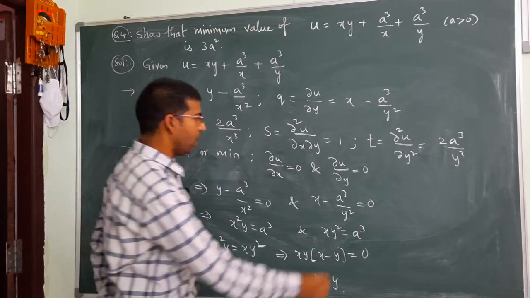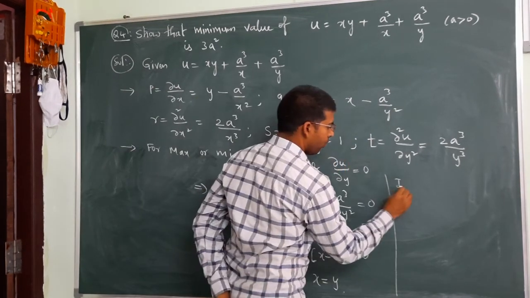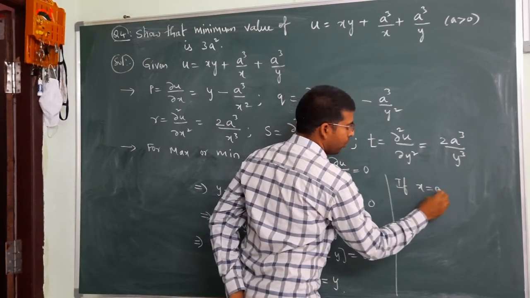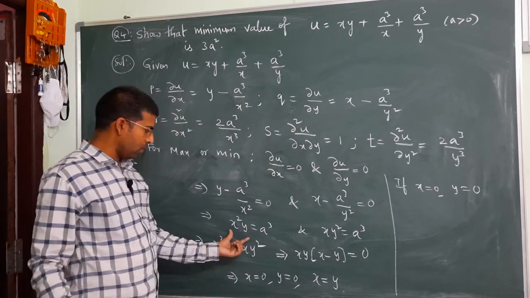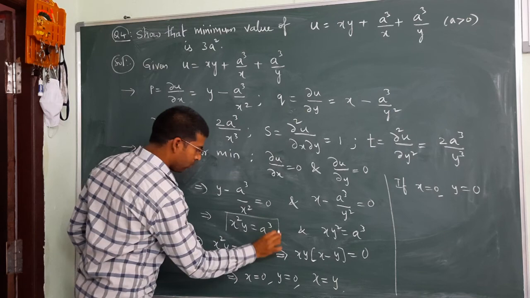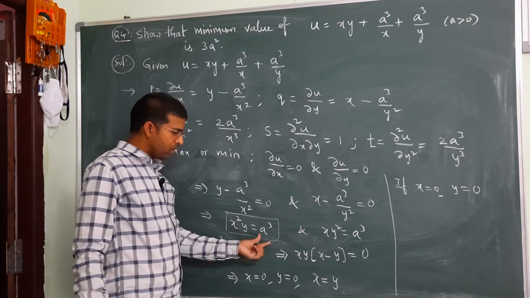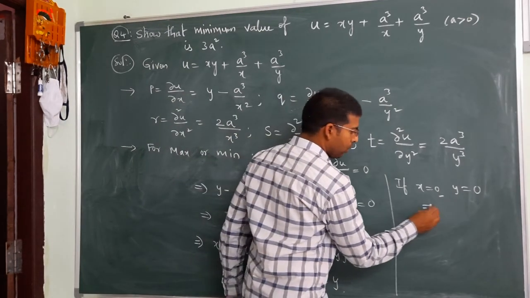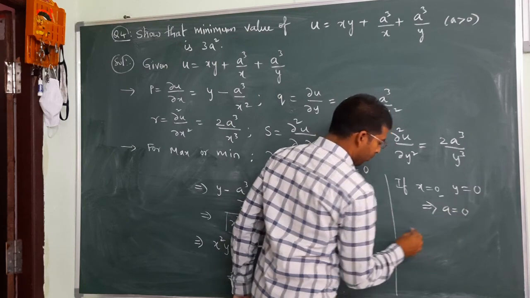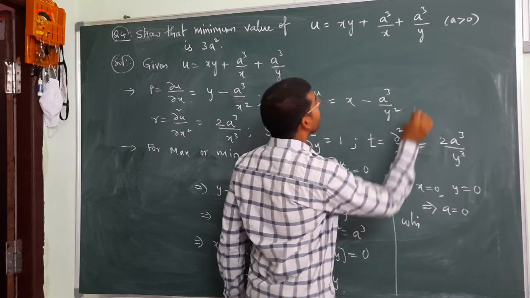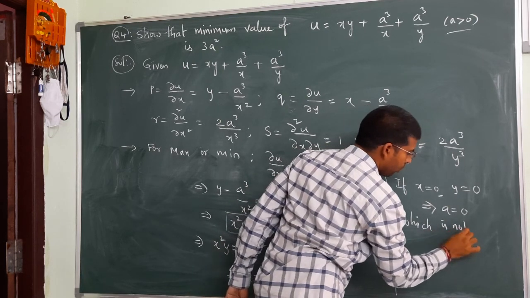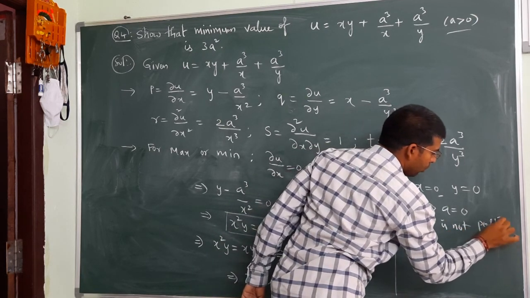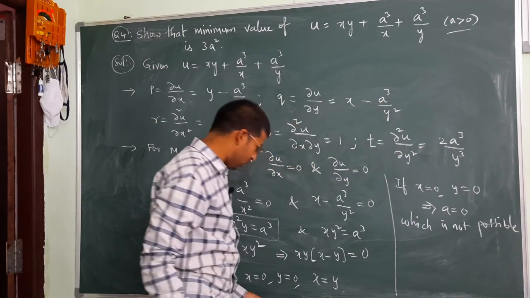Okay sir, now if x equal to 0, y equal to 0, if I substitute here, both are 0, meaning we are getting a value 0, which is not possible because a is positive. So we have only one case. What is that case?